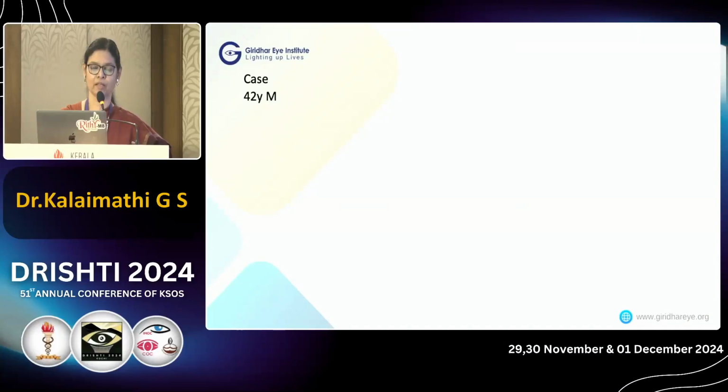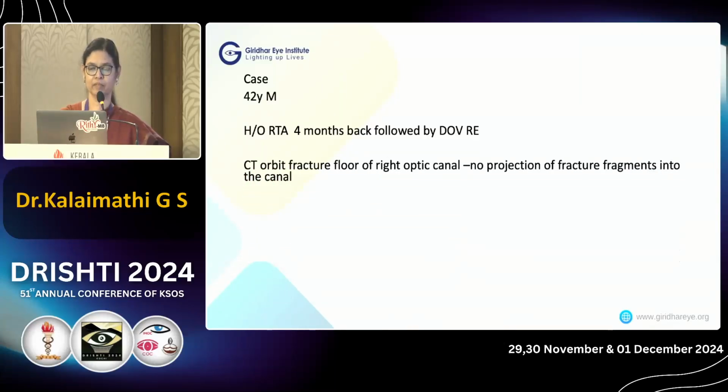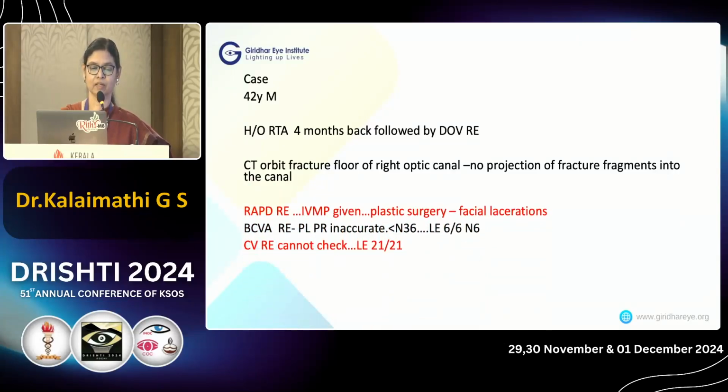Straightforward case. The second case: a 42-year-old male, history of RTA 4 months back, defective vision right eye, CT orbit showed fracture of the floor of the right optic canal, RAPD right eye, IVMP given, vision right eye PL PR inaccurate and left eye normal.